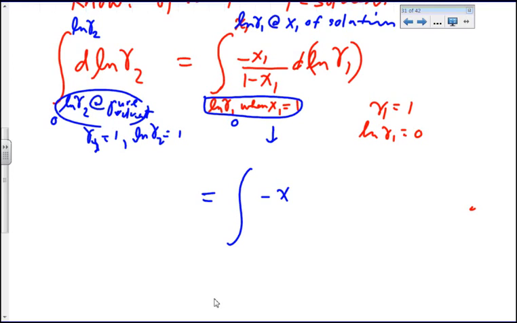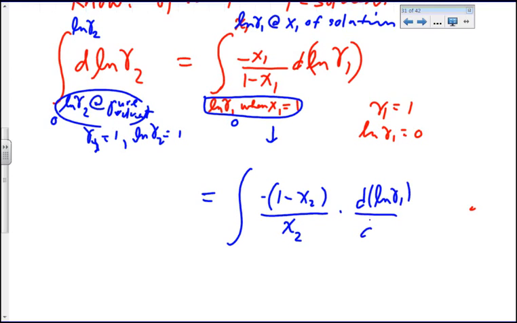So instead of x1, I'm going to write 1 minus x2, and the denominator would be x2. And instead of writing d ln gamma 1, I'm going to use the chain rule: the derivative of ln gamma 1 with respect to x2, dx2. So I've changed my integration limit. This is now at x2 equals 0, and this is at x2 of the solution.